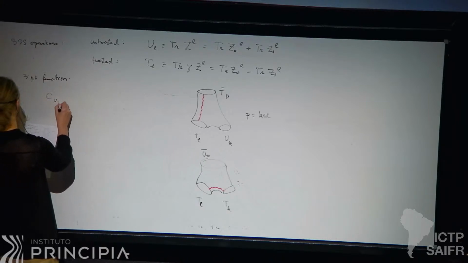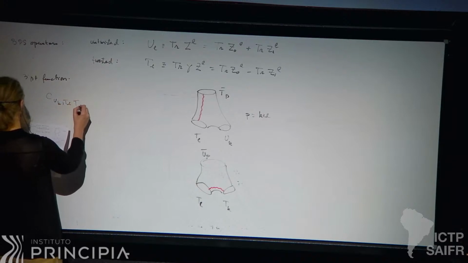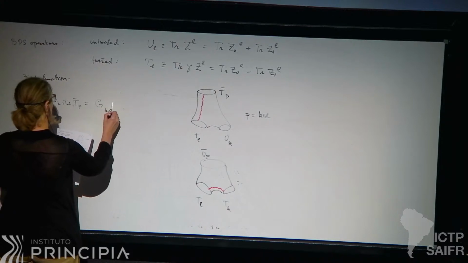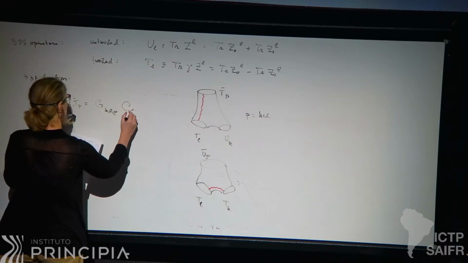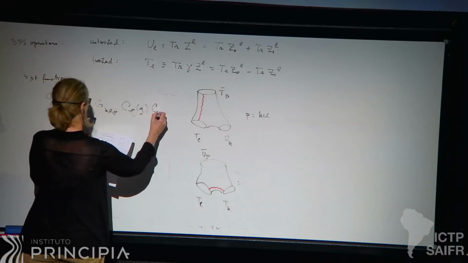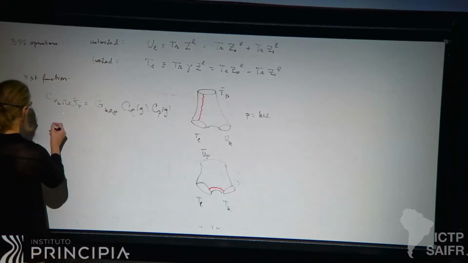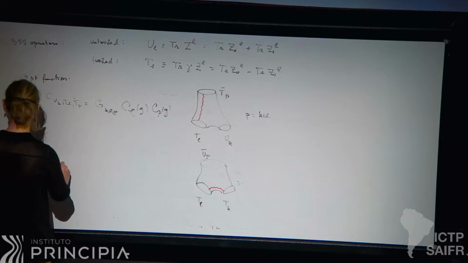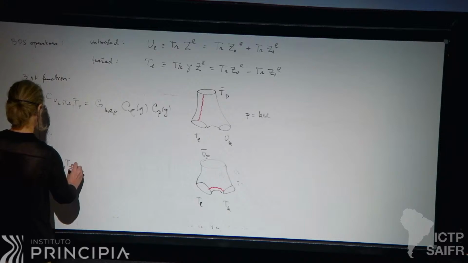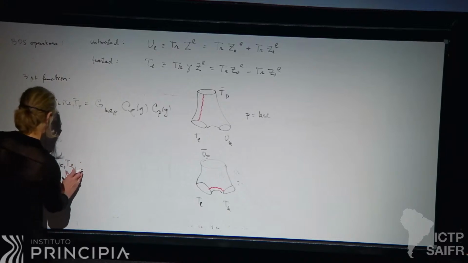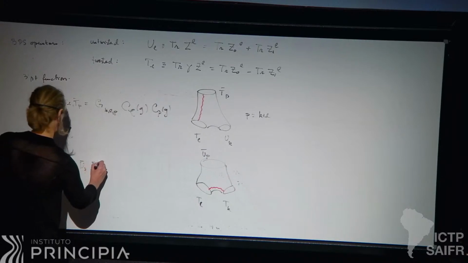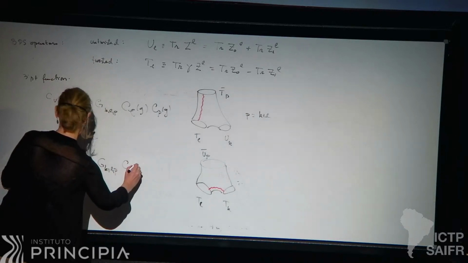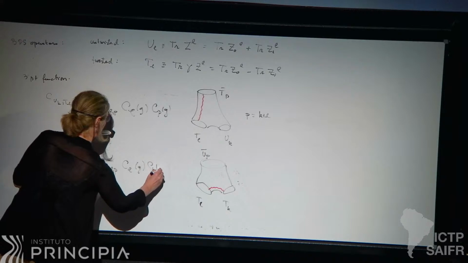So C, UK, TL, T bar P is equal to some value which corresponds to zero coupling, and then some function, CL of G, CP of G. So you see that only the legs which contain a twist will be non-zero, and then we have TK, TL, U bar P, which is non-zero, and this is also some GK LP, which is the zero coupling contribution times CL of G, CK of G.